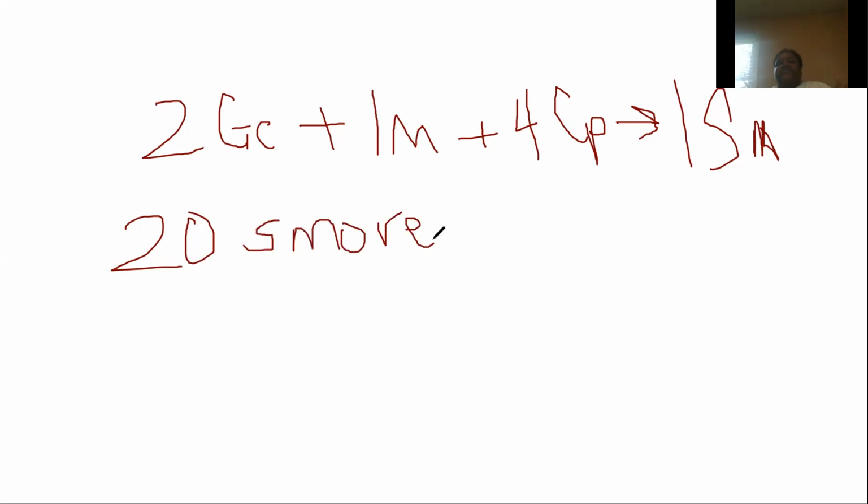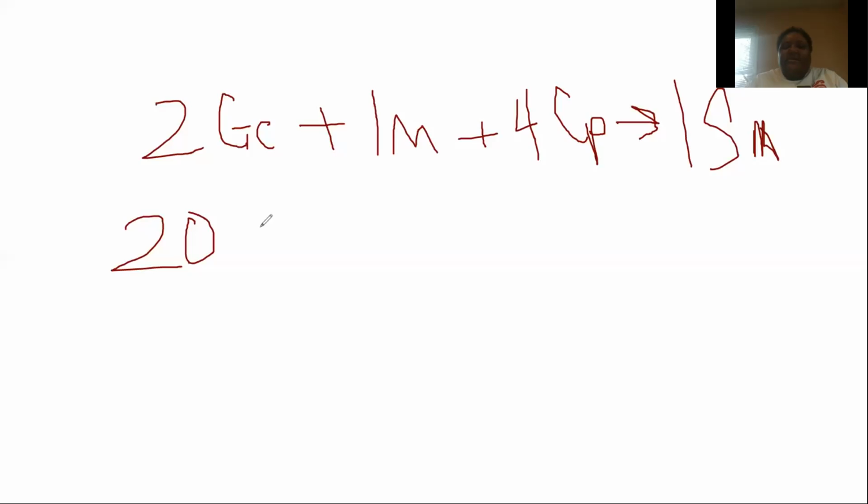Well, always when you do stoichiometry, write down what you are given. So we're going to do 20 s'mores, 20 SM, right?